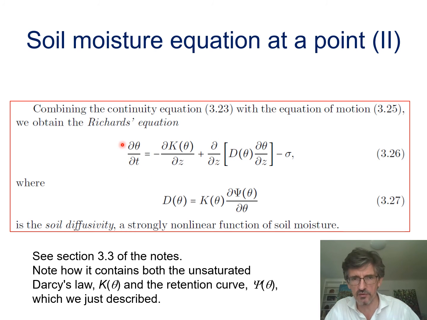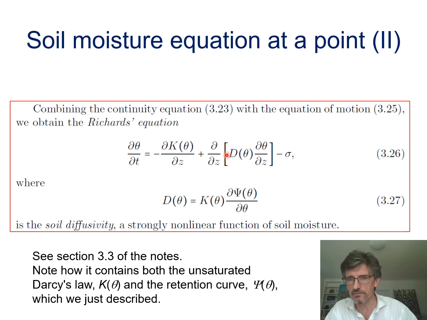The rate of change of theta in t has one term that contains the unsaturated hydraulic conductivity. This is an advection term. It's a nonlinear function of theta, so it's nonlinear advection, and a nonlinear diffusion term here.